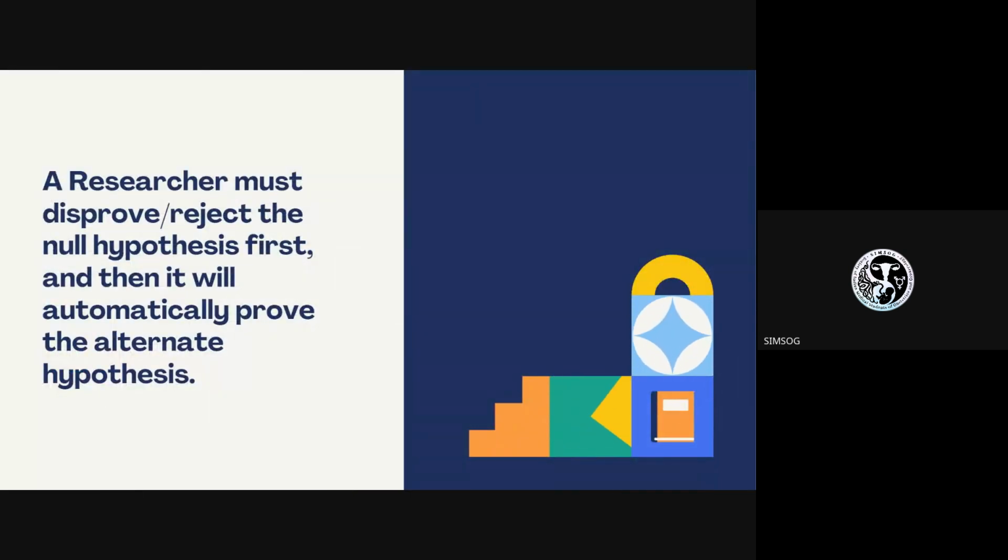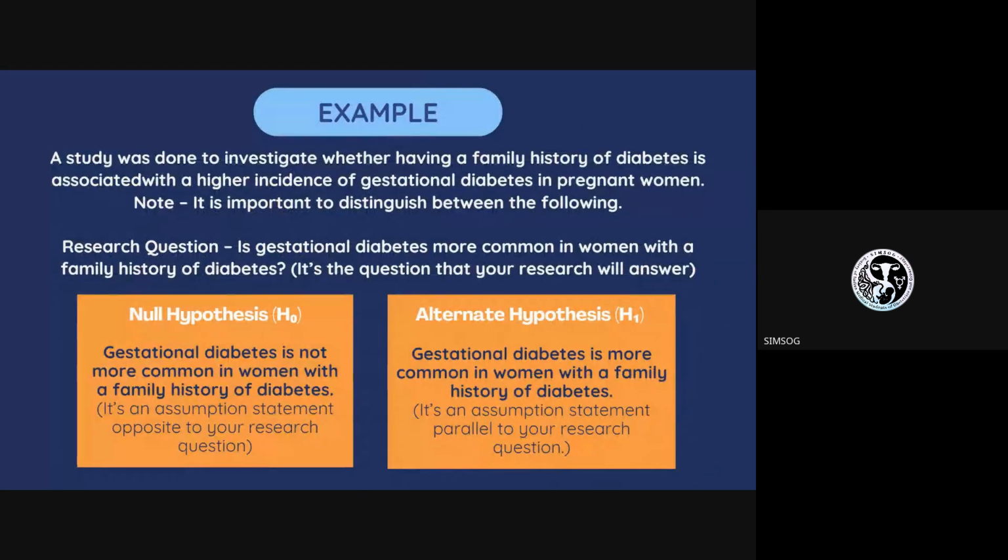So in statistics, we cannot ever prove an alternate hypothesis directly. What we do in statistics is we look at the null hypothesis and we disprove it. So automatically, as I said, if one is wrong, the other has to be correct, right? It's like the theorems we did in mathematics, where we proved by contradiction, because we cannot prove directly that a triangle is a triangle, or a square is a square, or something, I don't remember.